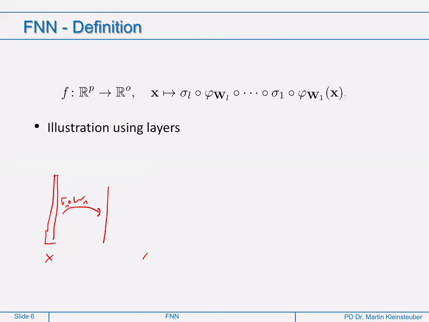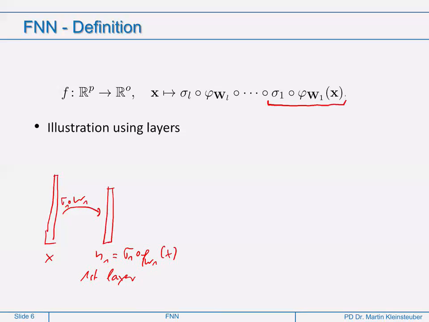And we end up with this first one here, and we call it H1. H1 is sigma 1 of phi W1 of x, right? And we call that our first layer.